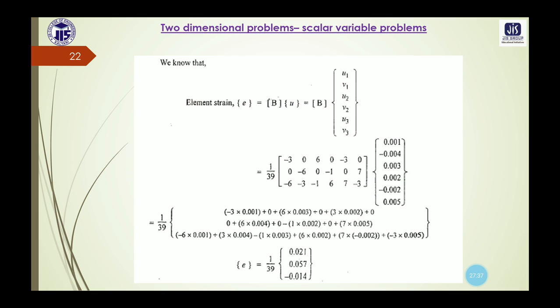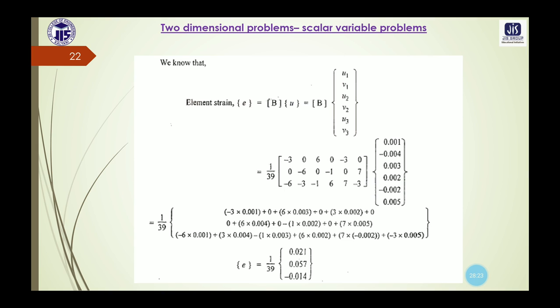Now we need to calculate the element strain. The formula for the element strain matrix E is the B matrix multiplied by the U matrix. The B matrix we have already calculated, and the U matrix is a column matrix consisting of U1, V1, U2, V2 and U3, V3. Next we put the value of the B matrix and the nodal displacements into the column matrix of U. So there is a matrix multiplication that we need to perform.